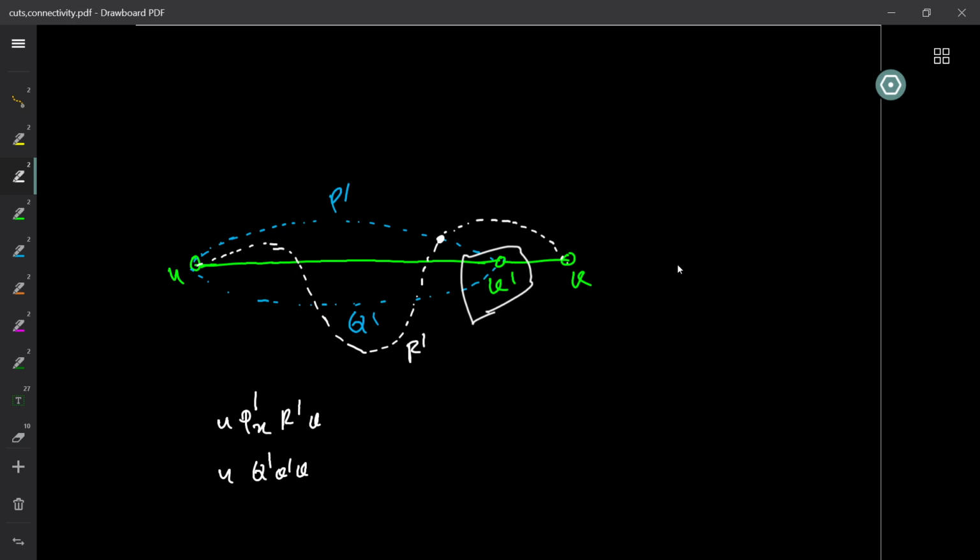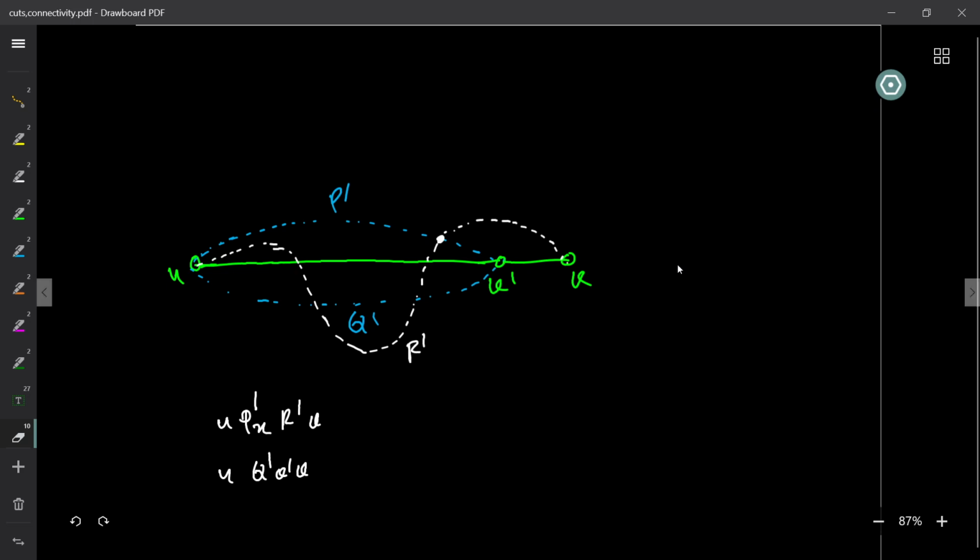Now because the distance from u to v is k, the distance from u to v dash cannot be larger than k minus 1, because we already have a path. So the distance between u and v dash is k minus 1. Because of our induction hypothesis, we can say that there are two internally disjoint paths from u to v dash.